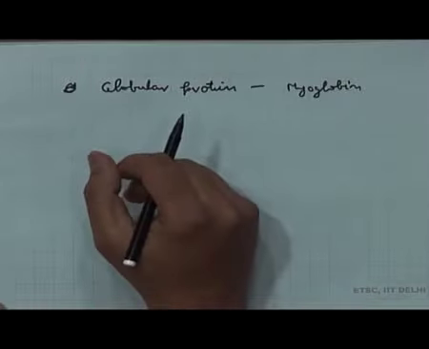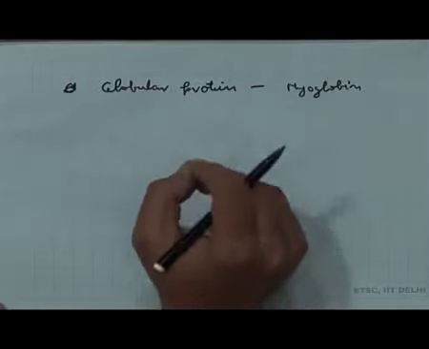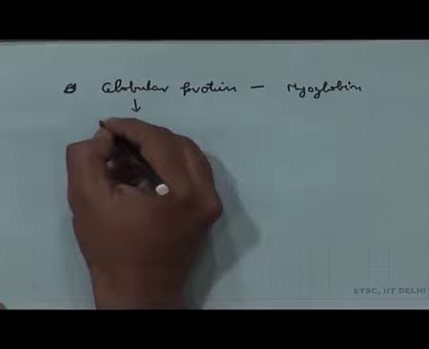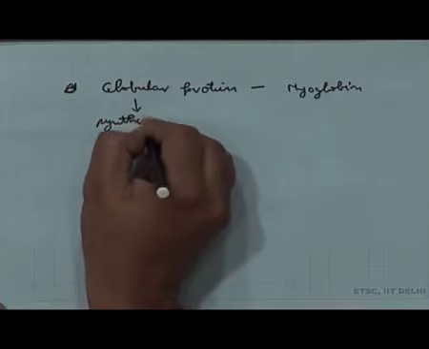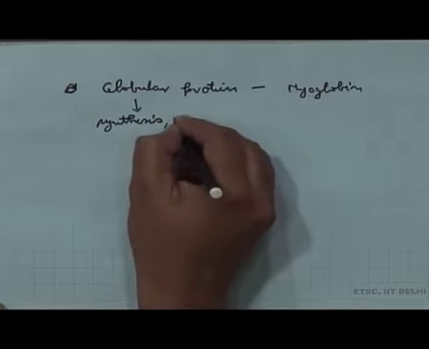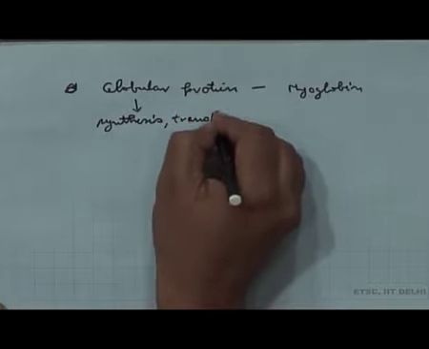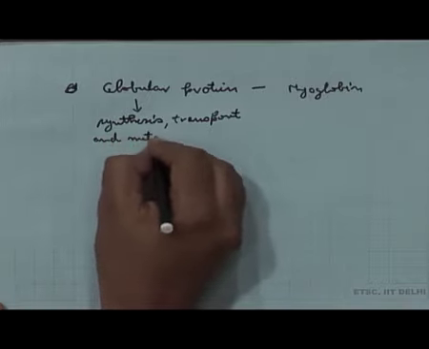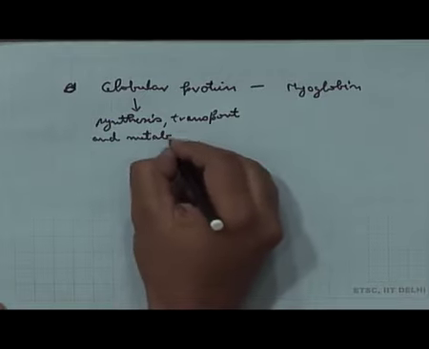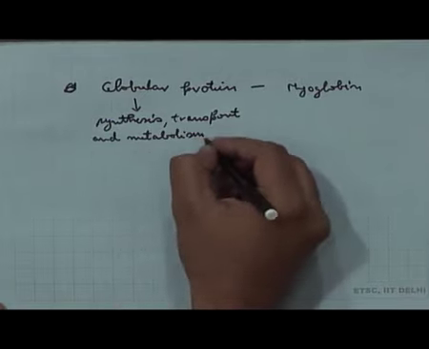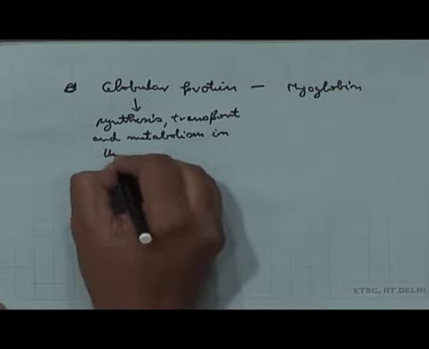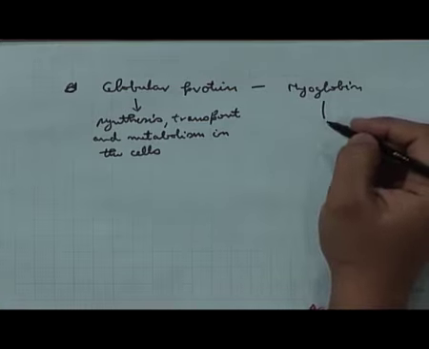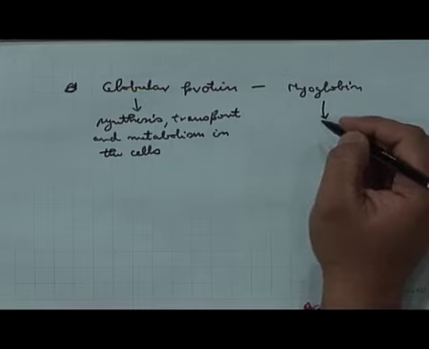Globular proteins carry out synthesis, transport and metabolism in the cells. And myoglobin basically transports oxygen to the muscles.